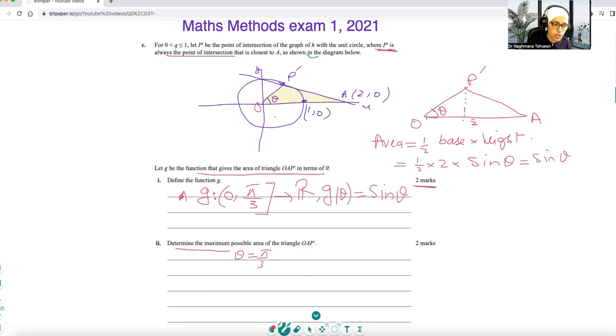The maximum area would be sine pi on 3, which is equal to root 3 over 2. We just need to look clearly at the domain of the function and realize that this would be the maximum point. Okay, I think that's it. Thank you very much. So exam 1 is complete. Please, if you like this video, share and subscribe to the channel. Thank you.